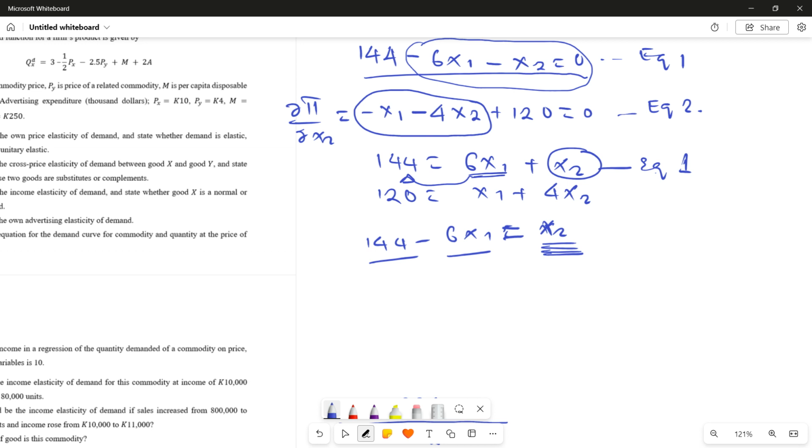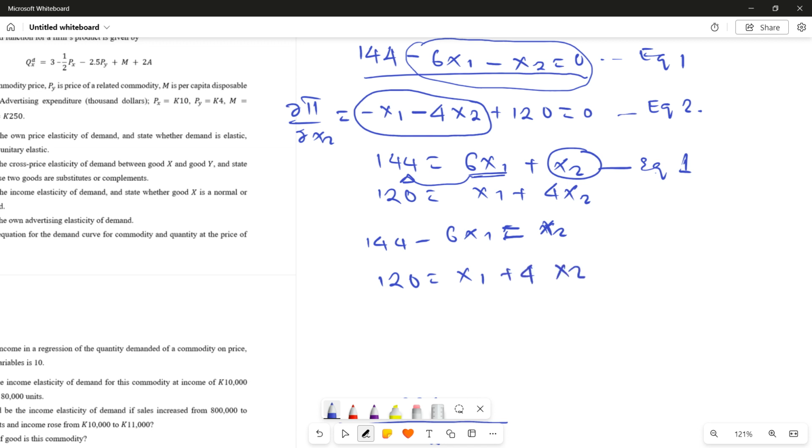Since we've made x2 the subject of the formula from equation 1, we are going to substitute x2 in equation 2, not equation 1. Don't make that mistake of replacing it back in equation 1. Our equation 2 is 120 is equal to x1 plus 4x2.